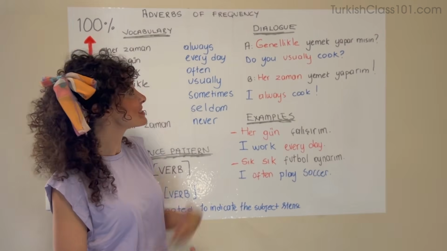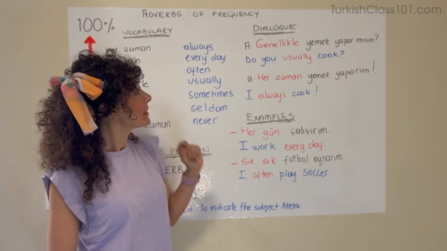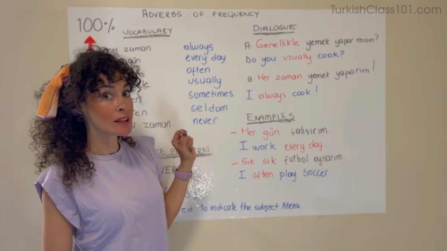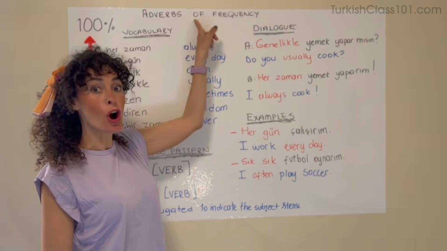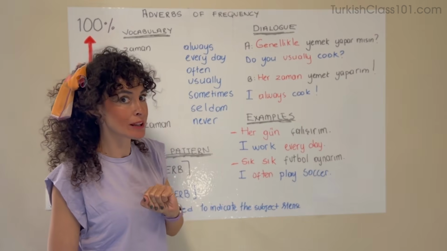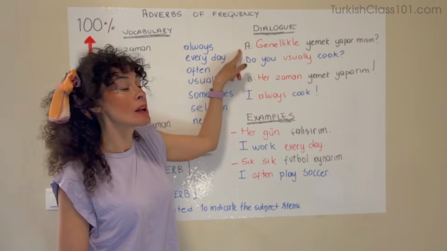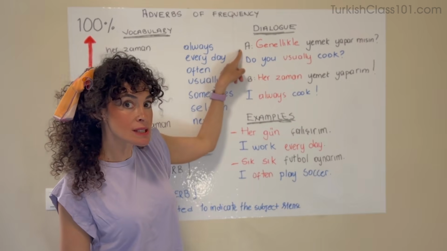Okay, let's look at the dialogue. And let's try to find the adverbs of frequency in the dialogue. Let's see if we can find it. Genellikle yemek yapar mısın?